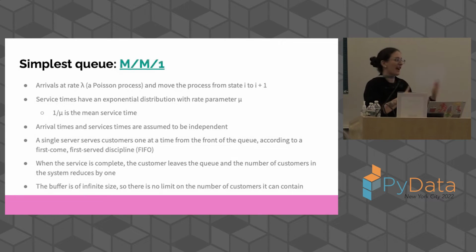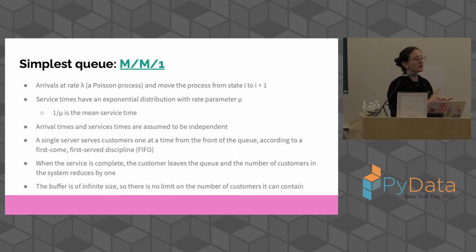That would be like visiting different servers if we have those in our simulation. Here we just have the 1. Service times, we said, are exponentially distributed. If you need the Greek letter for it, that's going to be mu. So 1 over mu is the mean service time.